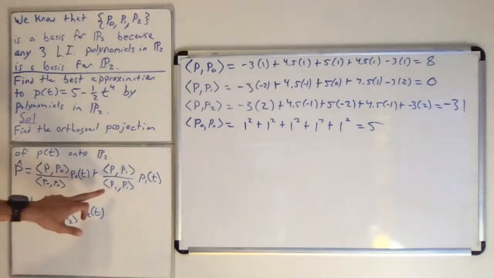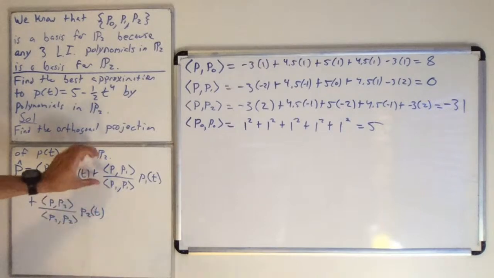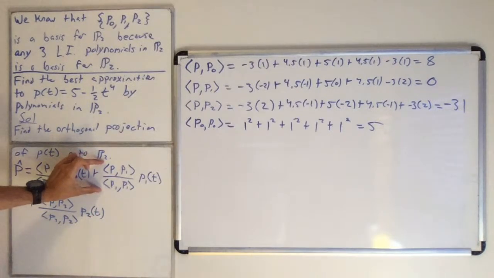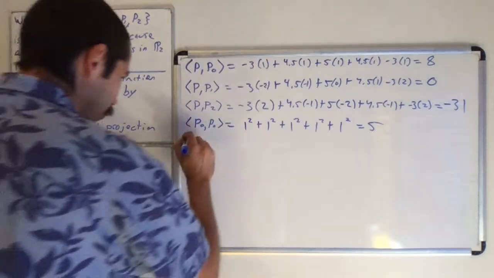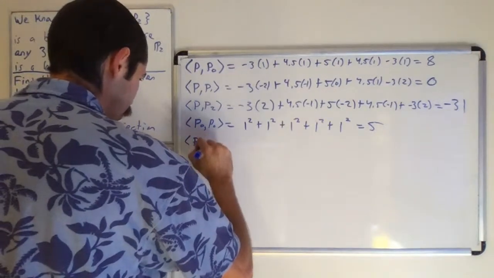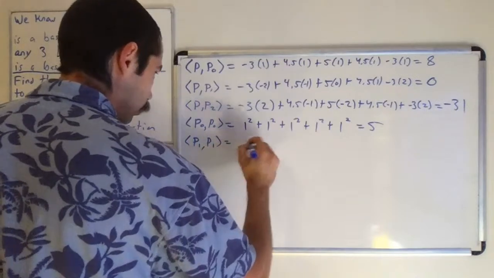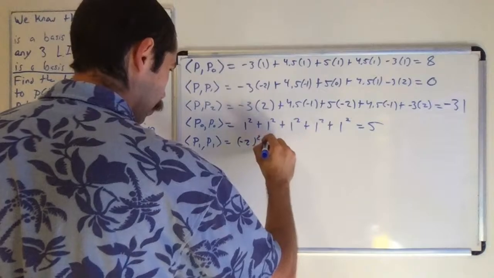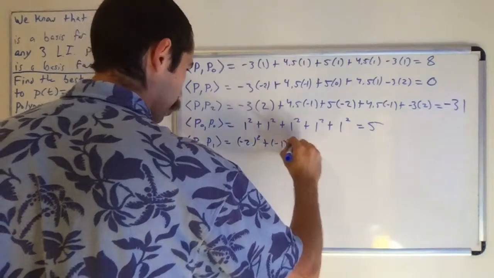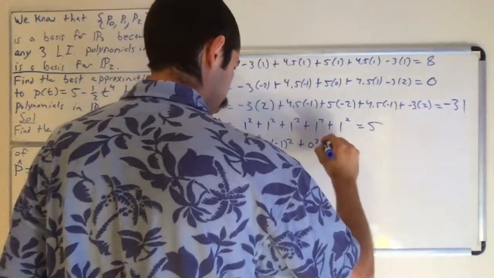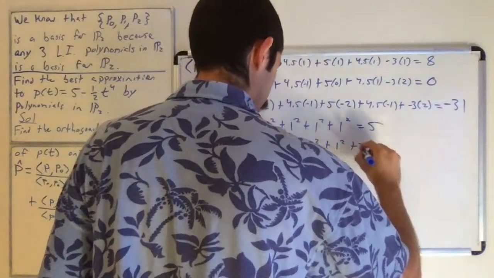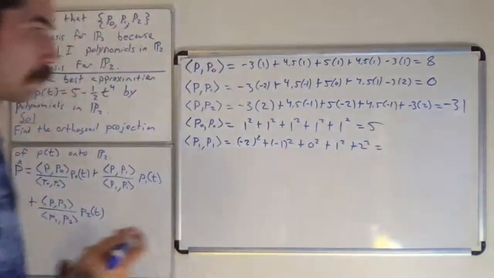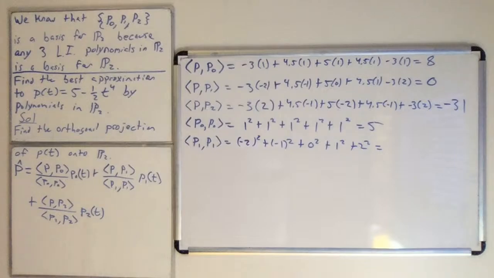We don't need to compute P1 times itself because we already know that this term is 0. We could do it anyway, just for practice. So 4 plus 1 plus 0 plus 1 plus 4, that's 10.